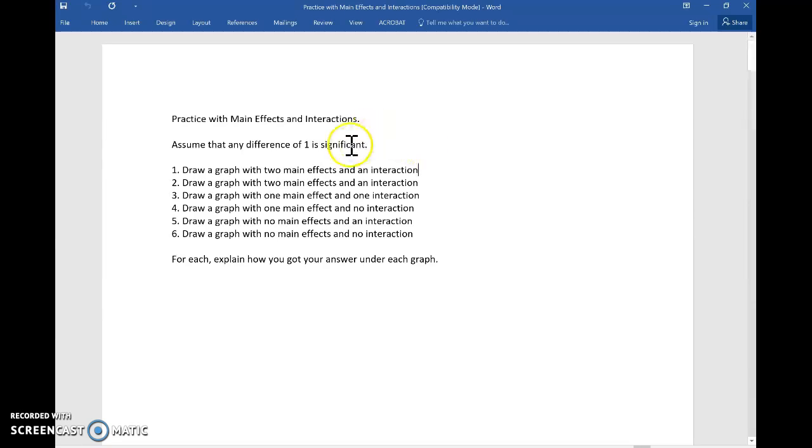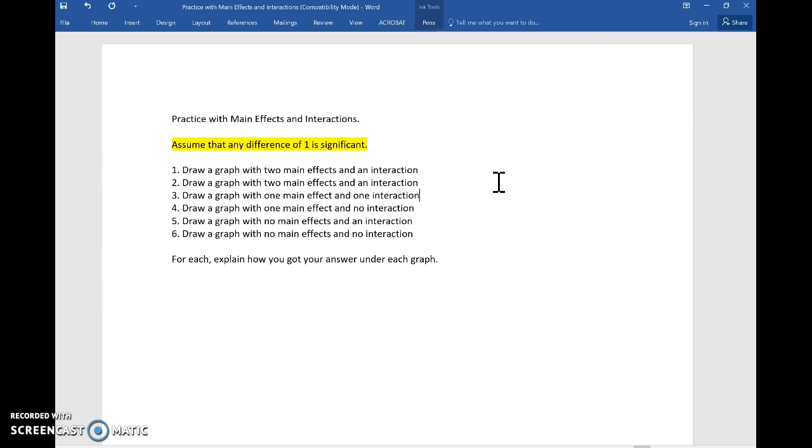Now, I want to caution you about this thing right here. Whoa, this thing right there. Let's highlight it. I always have to tell you that. I always have to tell you what difference is quote unquote statistically significant. Now I'm doing this for the ease of presentation. There's no magical number 1. It's not like 1 was picked for any statistical or theoretical reason.